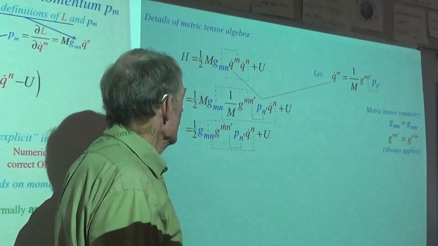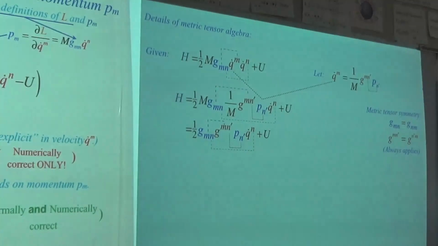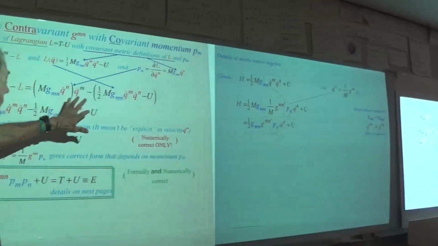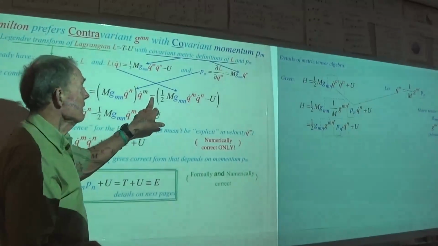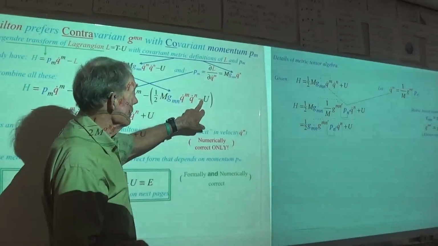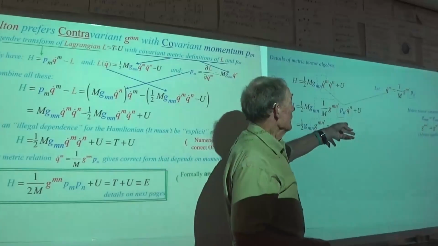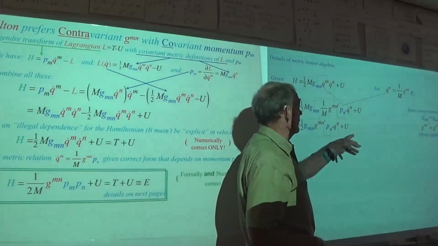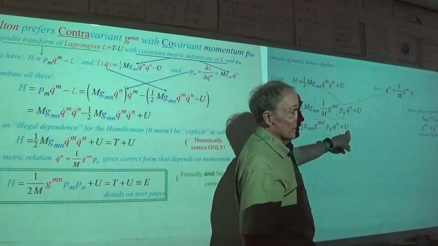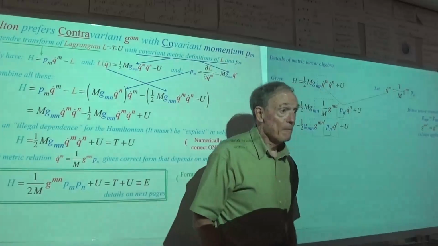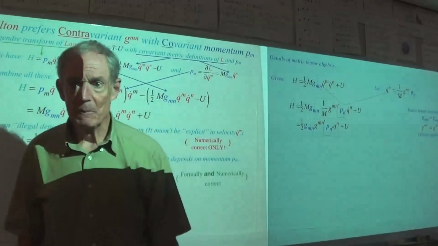So here's our Hamiltonian, almost in the form that we're going to use. But you'll notice what's happened here: because we have a minus times a minus, the potential that in the Lagrangian had a minus sign in front of it has a plus sign in the Hamiltonian. Big difference.